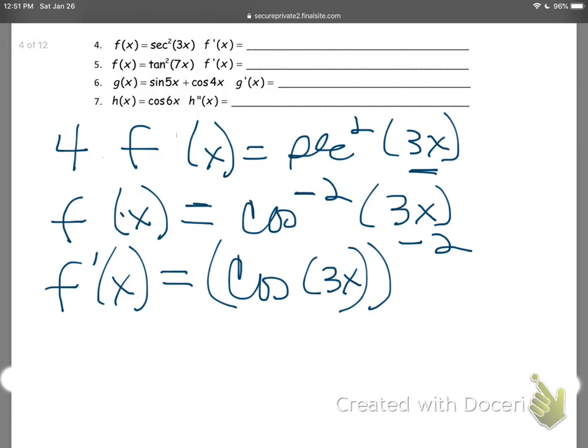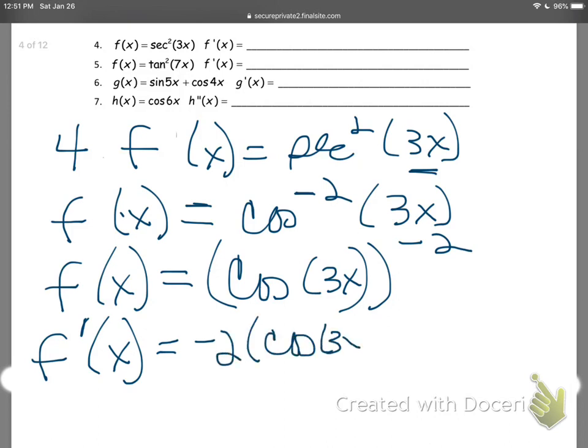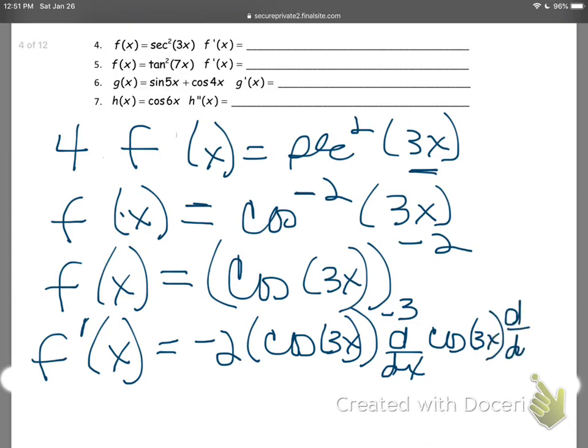Okay, now time to take our derivative. And again, losing my head here. So f prime of x equals negative 2 cosine 3x, all raised to the negative 3 power. And then I'm going to tell myself, take the derivative of cosine 3x and take the derivative of 3x.